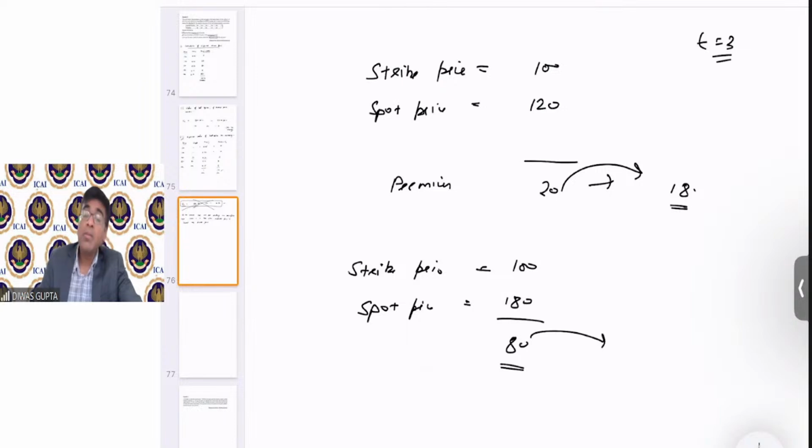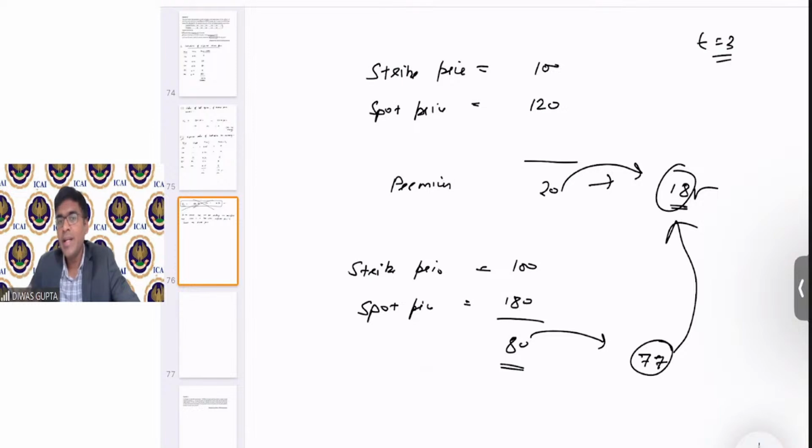Now the premium also will suddenly jump up from, let's say, 18 to now 77 kind of a number. You're getting my point. So there is a direct correlation between the difference of spot price and strike price and the way the premium changes.